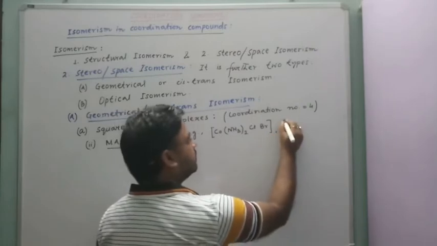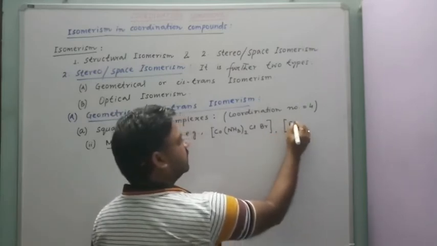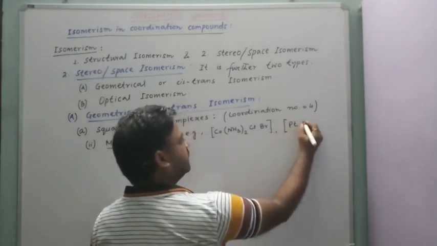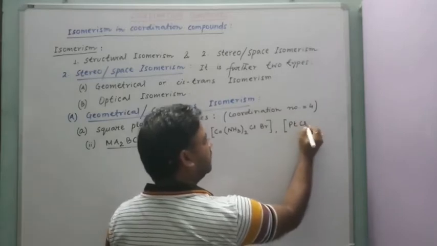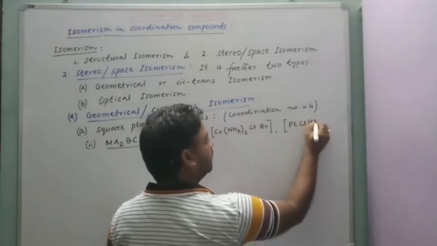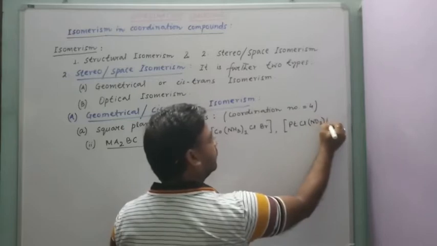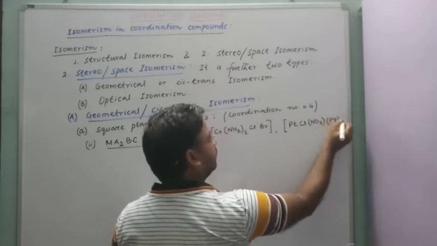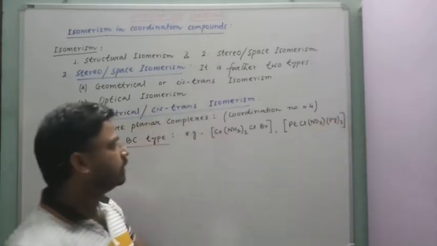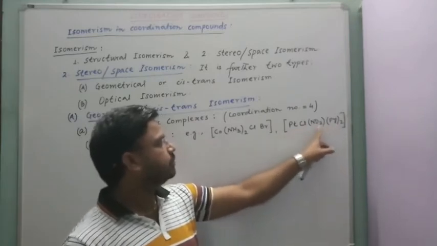Some other example, PtCl(NO2)(Py)2. So M(A2)BC type.